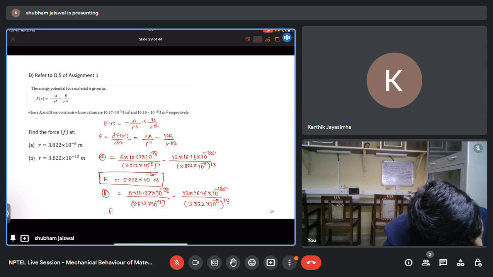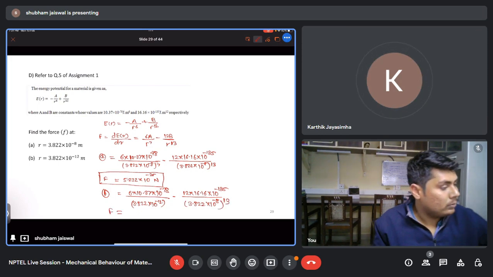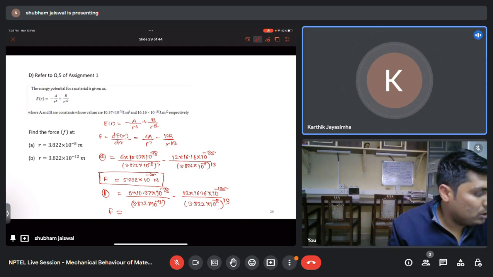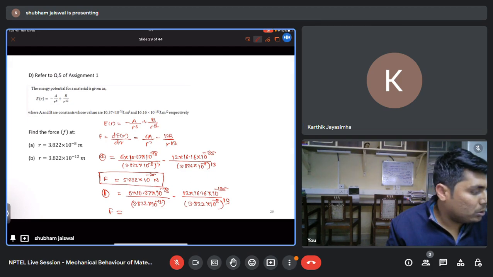So how much does F come out to be? I'm getting 5.22 into 10 to the 15, positive.